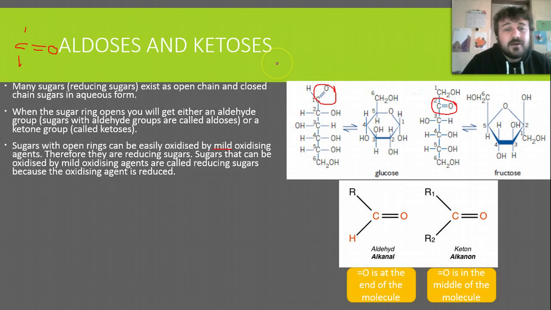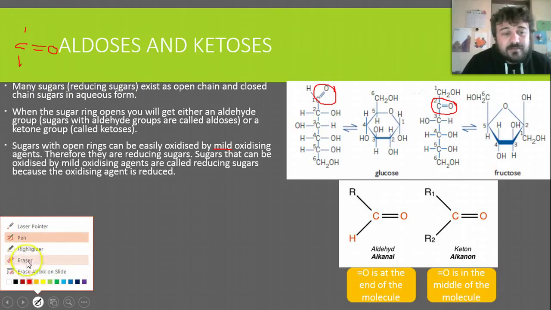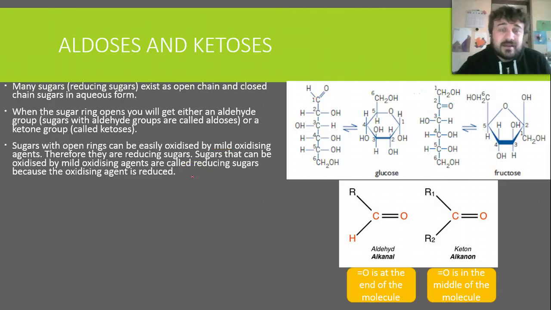A mild oxidizing agent means that it is very easy to oxidize. So we call them reducing sugars. They're called reducing sugars because they reduce the oxidizing agent. Even though they are oxidized, they cause the oxidizing agent to be reduced, which means they are reducing something else.